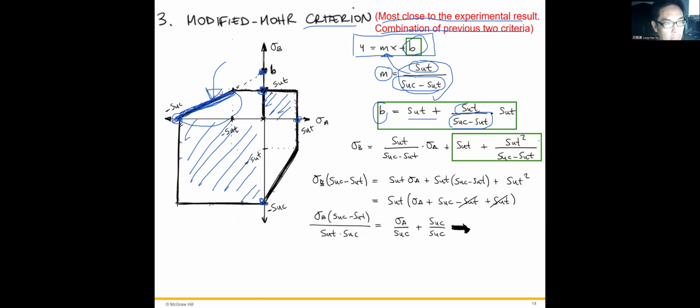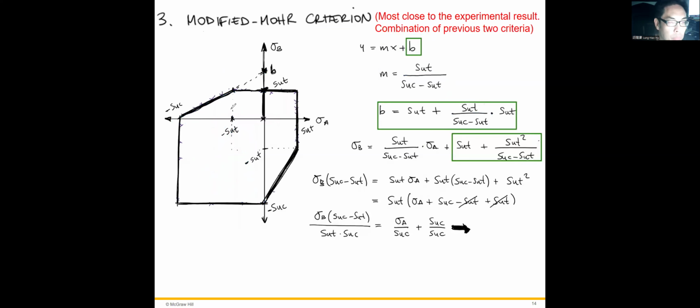Now we can just plug this m and b into the linear equation, and y equals sigma B.